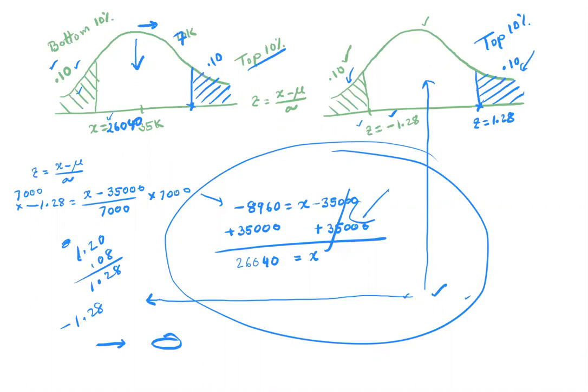It has to be the exact same percentage on both sides. On the left is 10%, on the right is 10%. So if the left z-score is negative 1.28, the right z-score is 1.28. All right, so that's positive.